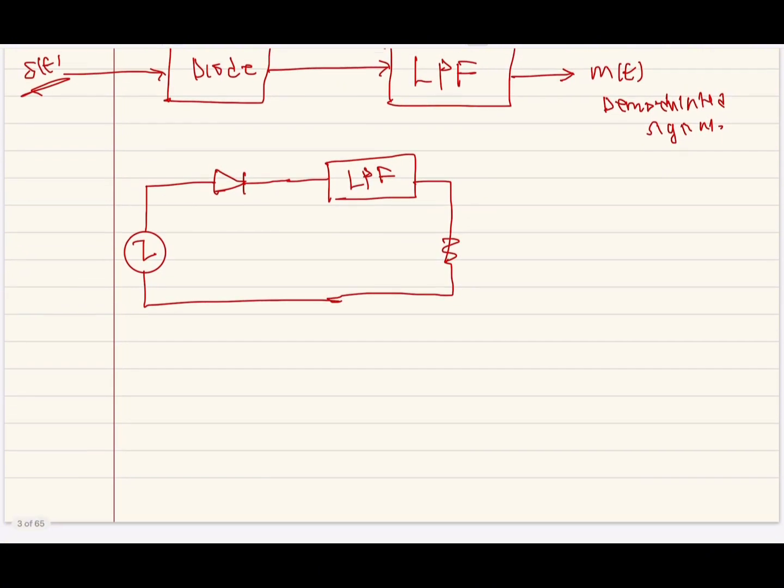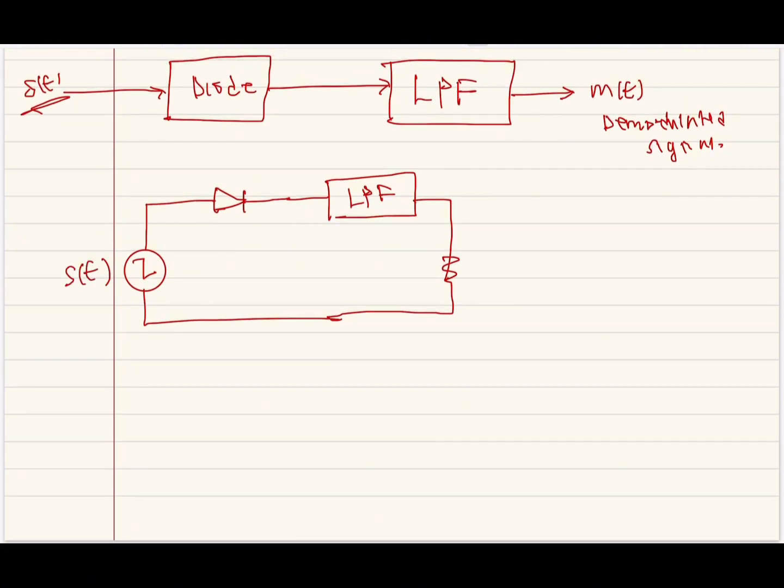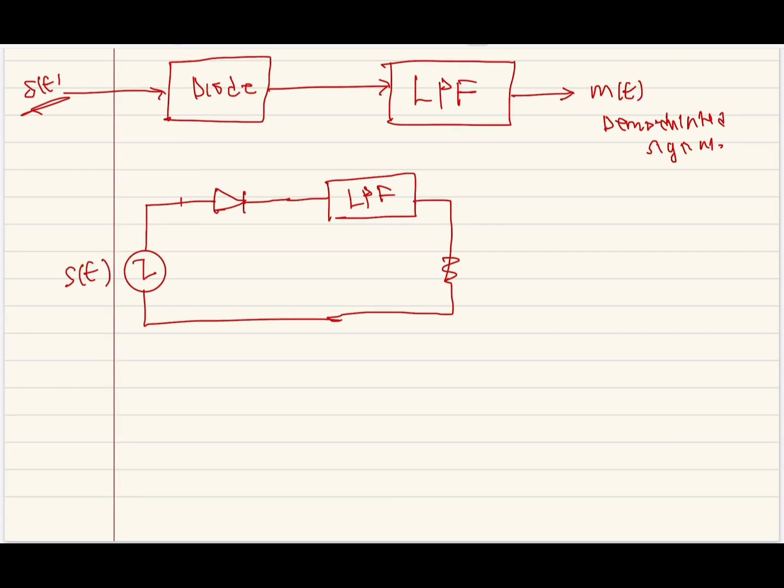So let's assume that this is our S of t, and this is our diode. This is the input, which is V1, the same as S of t. There's our output, V out, from here. We pass the resulting V out to the low pass filter, and we are going to get our M of t to the load.